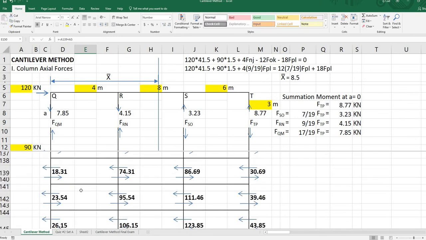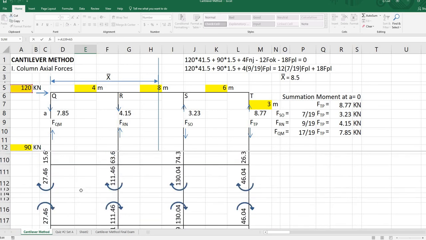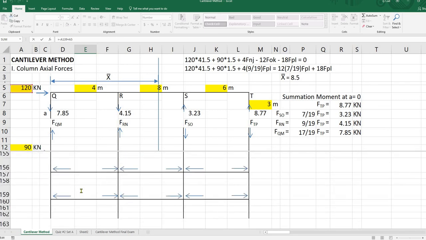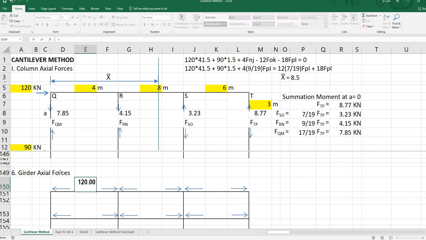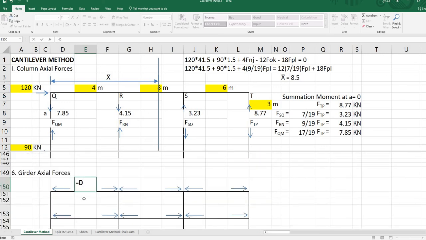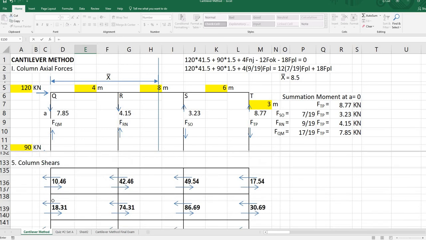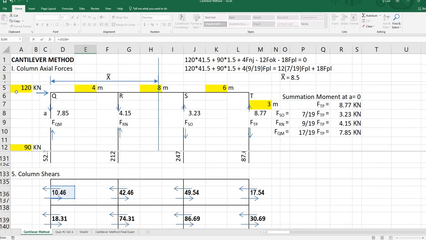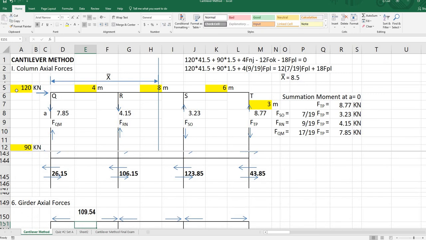Negative 10.46 plus 120. Ayan, 109.54. So let me check. Yan, tumama rin.